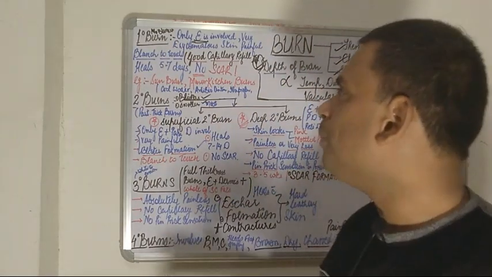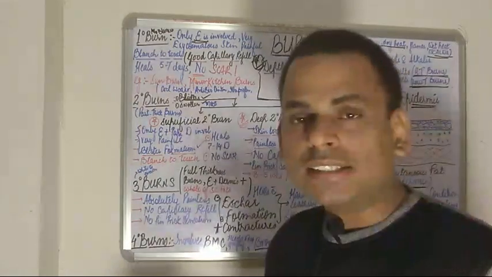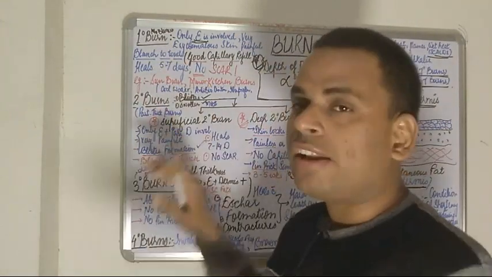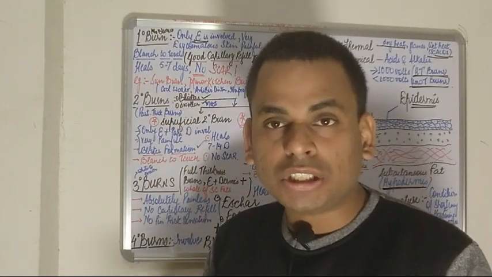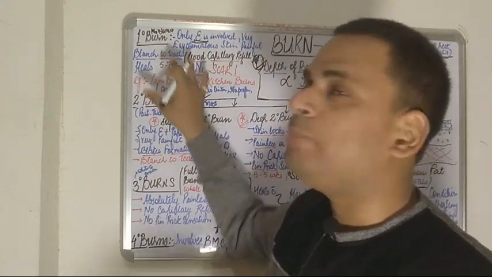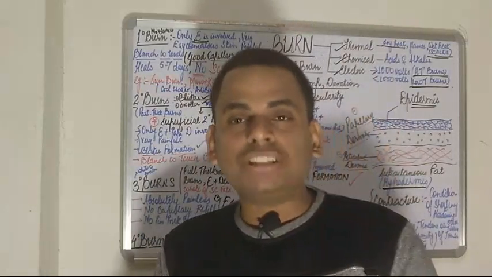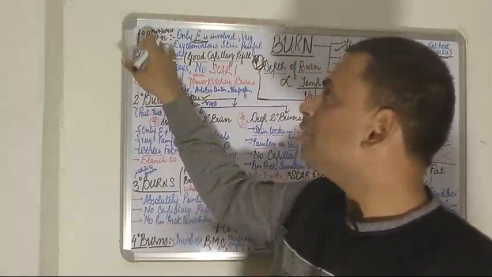They are not very painful, and what we can find is that when the skin of the patient is touched, some blanching occurs. So the blanching phenomenon is mostly seen.